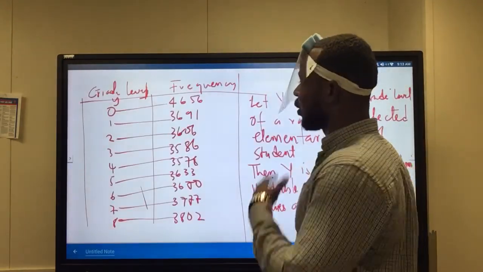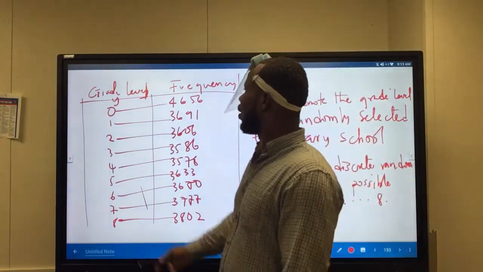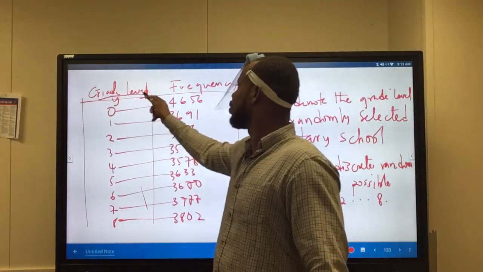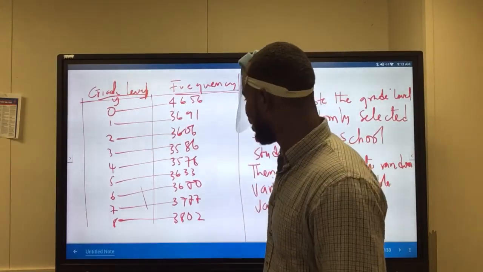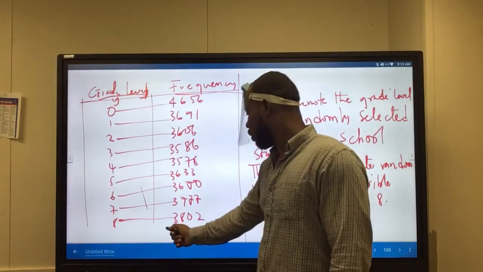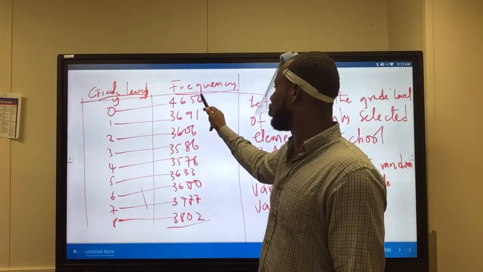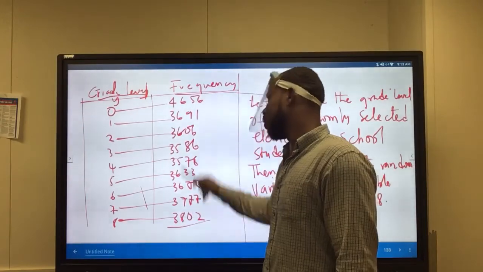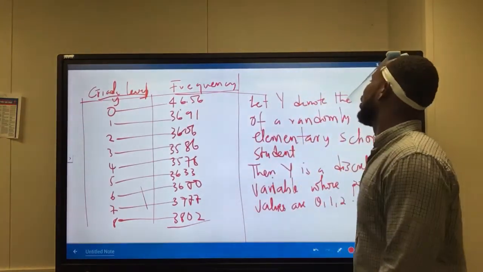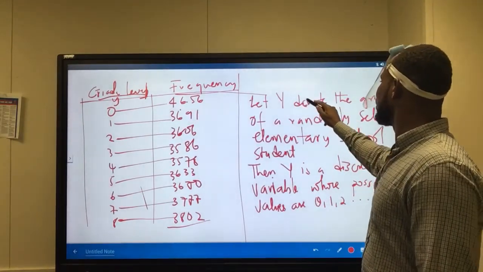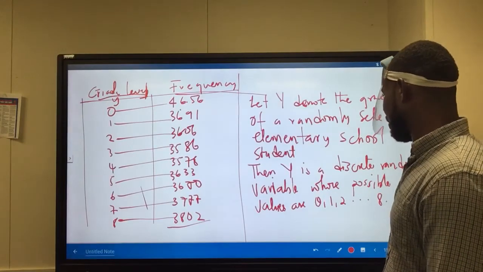Now, this is an example that I want you to try. Here we have grade levels and we have frequencies. You know how to calculate the probability: add everything, and each probability is the frequency divided by the total. Now let Y denote the grade level of a randomly selected elementary student.